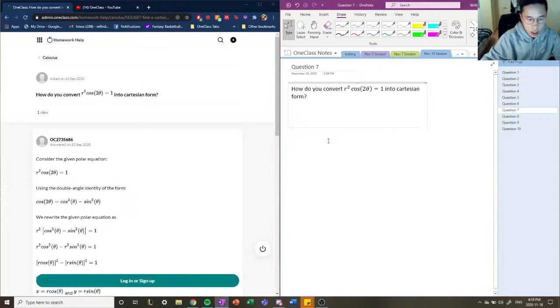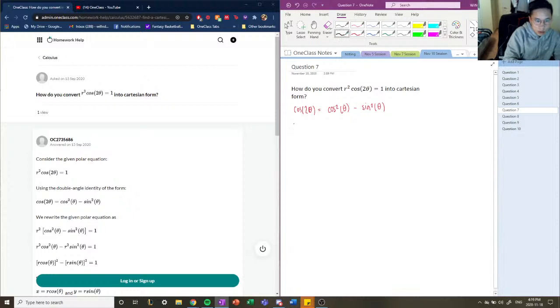Okay, so we have to remember our double angle identities here. We know that cos of 2 theta equals cos squared theta minus sine squared theta, okay? We'll have to use this double angle identity to solve this problem.